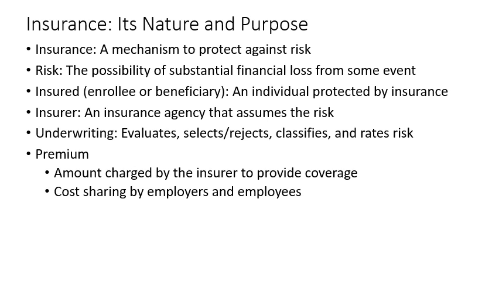Risk: the possibility of substantial financial loss from some event, like a fire or a car accident. If you have car insurance, the insurance will help get your car fixed. But it depends if you have comprehensive or liability.